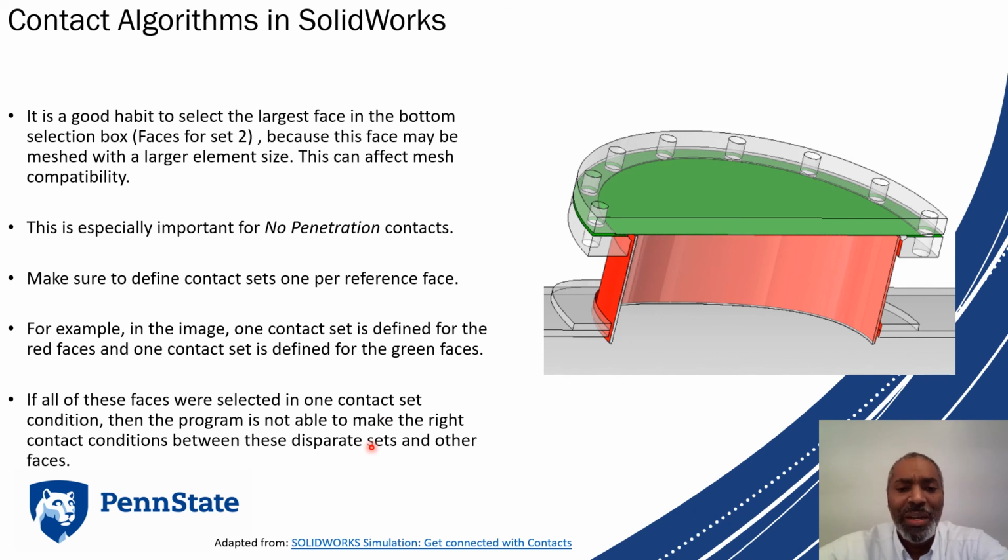If all these faces were in one contact set, then like I said, the program's just going to have difficulty trying to determine for this complicated group its relationship to another group. So we just make it a little less complicated by saying, analyze the red one, analyze the green one separately.